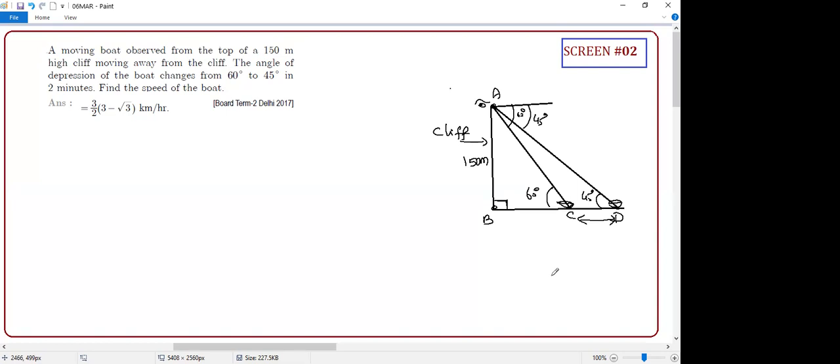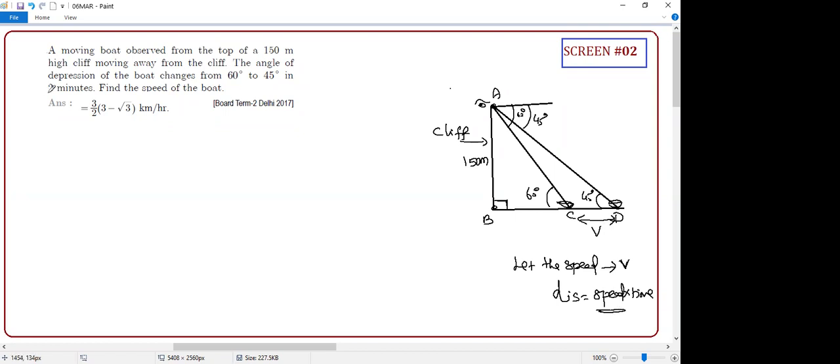Guys, you know how to find the distance in physics. Let the speed be V. If the speed is V, what is distance, student? Speed into time equals distance. Sir, I know speed.